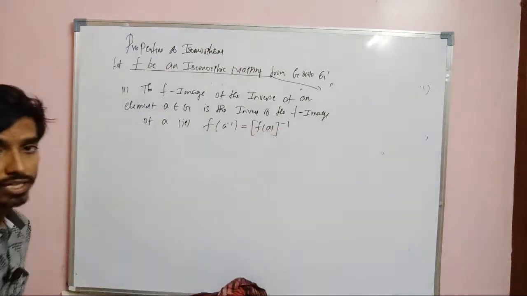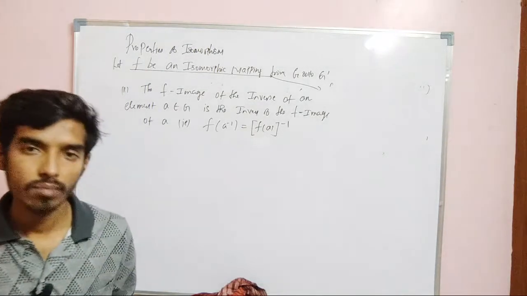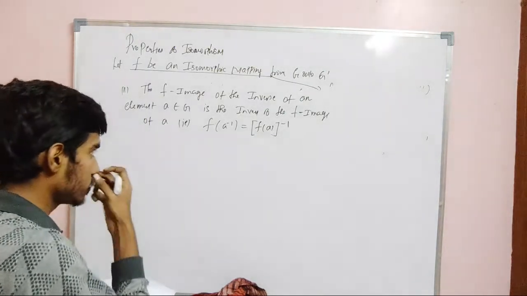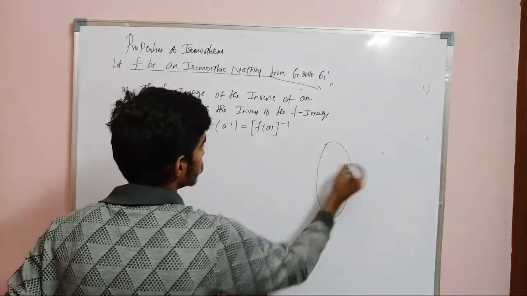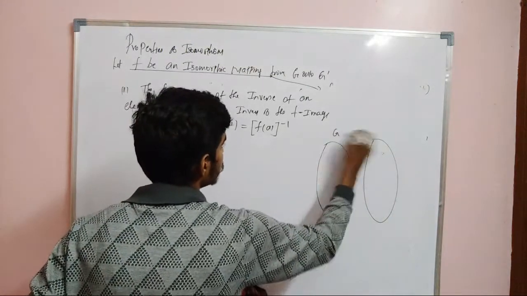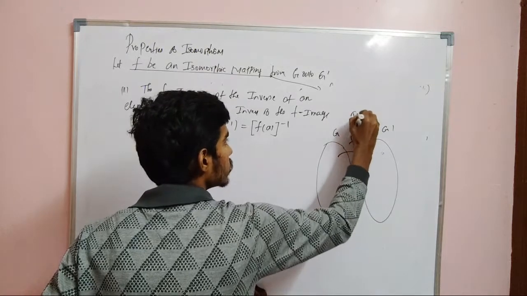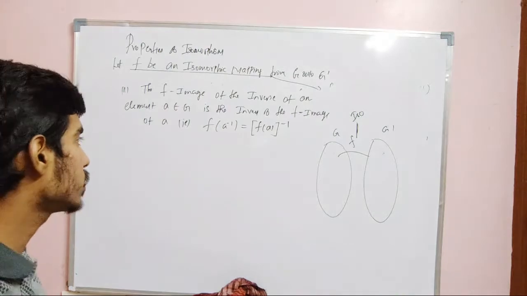First we have said that if e belongs to G, then f of e will be the identity element of G dash. Here what we are saying is, we have G and G dash, and f is an isomorphism. That is, f is one-one onto, and f of ab is equal to f of a into f of b.